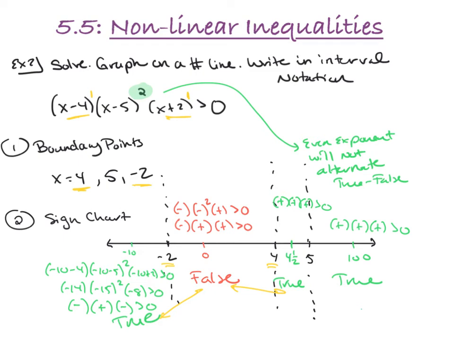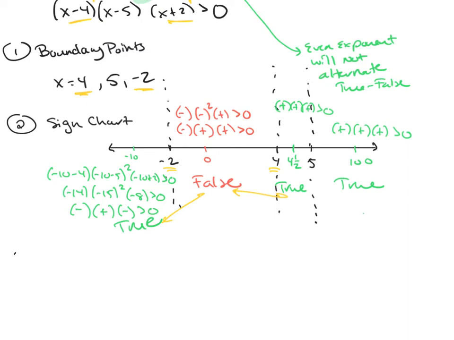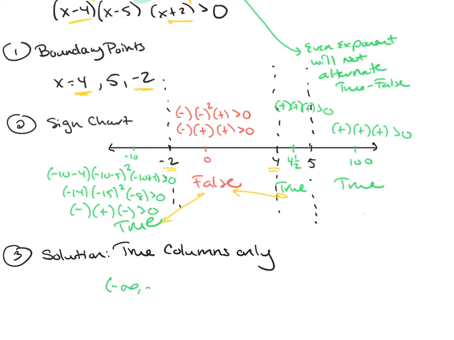Okay, remember for writing our answer, let me scooch this up. We want only the true columns. So step number 3, our solution is all of the true columns, which in this case would be the column on the far left, -infinity to -2. Since this inequality was simply greater than and didn't have an equals to sign, then parentheses all the way around.